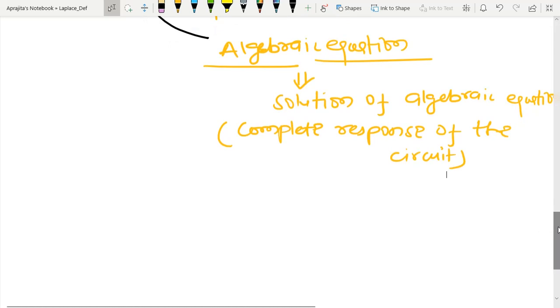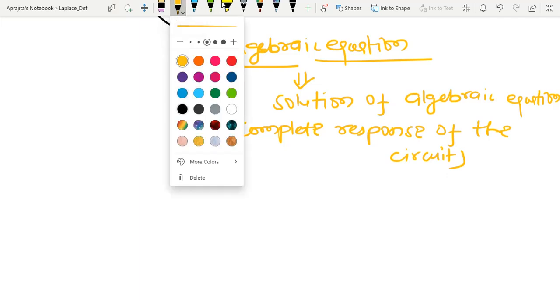Till now you have understood that I have to apply some method which will transform the differential equation into an algebraic equation, and certainly that is not the phasor transformation. I am going to talk about a different, more generalized transformation, and that is the Laplace transform.